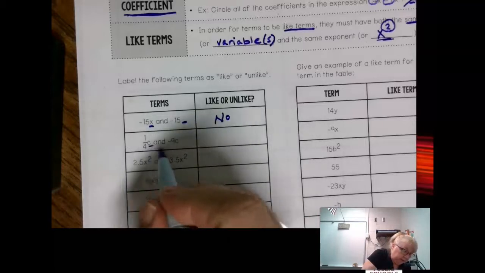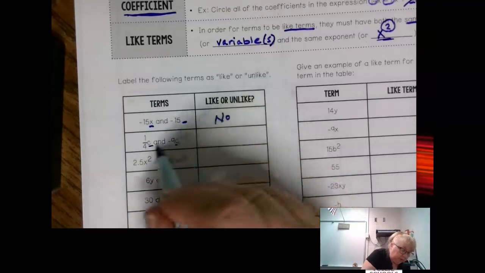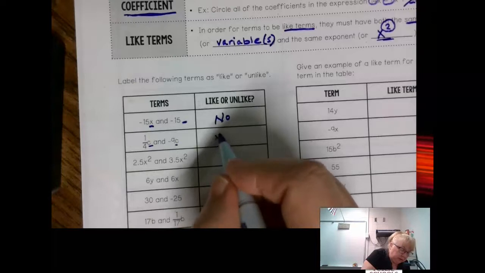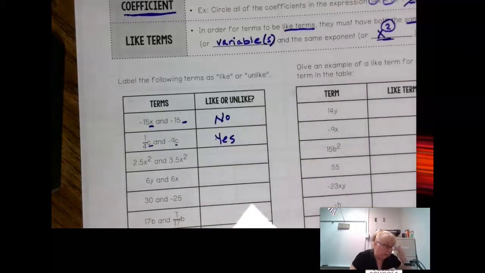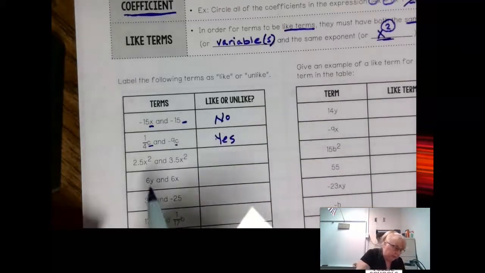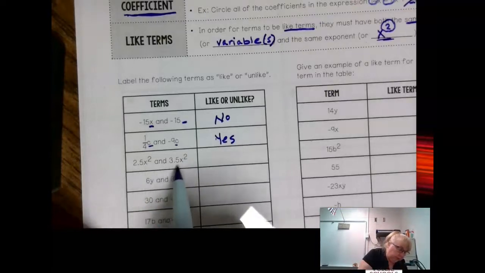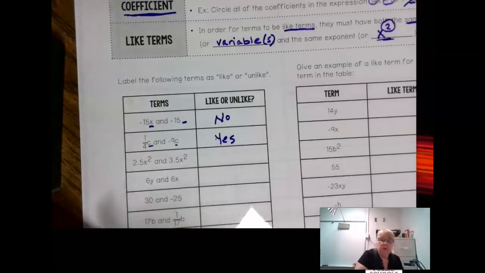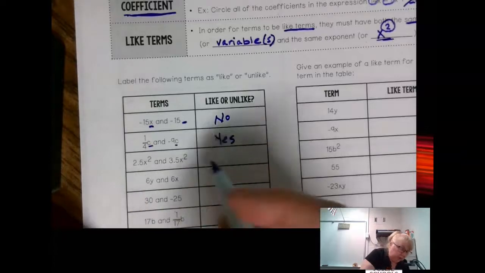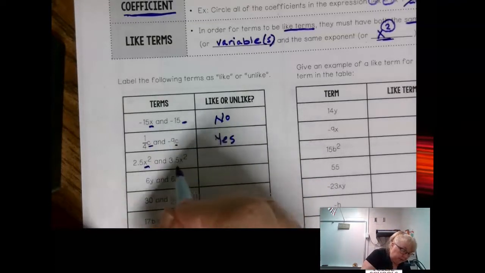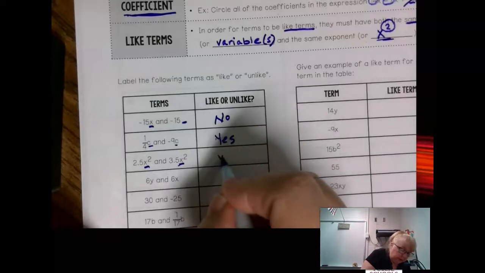The base is c on both, so yes, they are like terms. Next one, 2.5x squared and 3.5x squared. What's the base? X, that's correct. And what's the exponent? 2. The exponent's 2, that's right. So they both have the same base, they both have the same exponent, so yes, like terms.